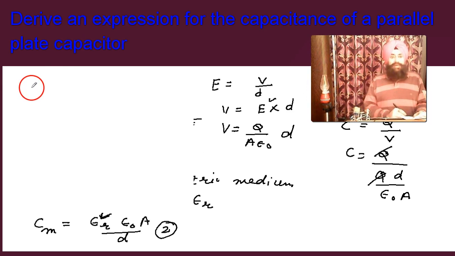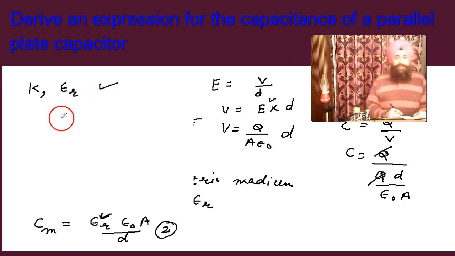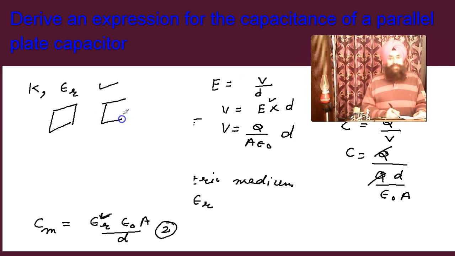Now we can also define dielectric constant or relative permittivity in terms of the capacity of the parallel plate capacitor. First of all, like these are the two plates, and there is free space, no dielectric medium. Then the formula is epsilon naught A by d.